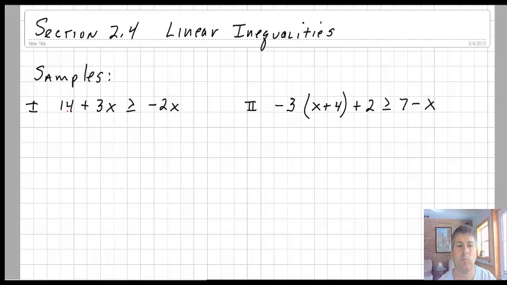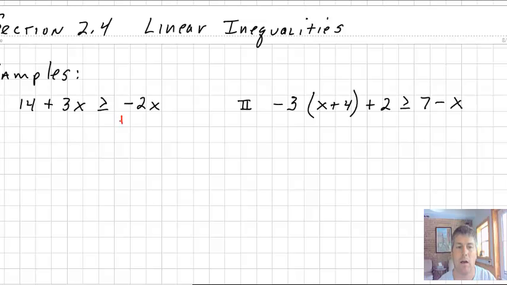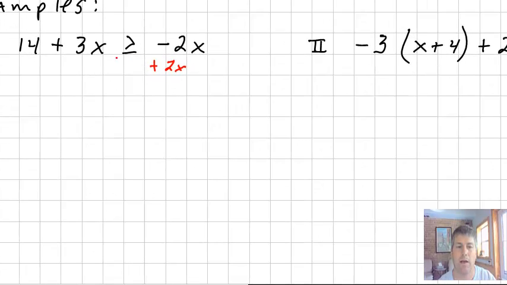We have 14 plus 3x is greater than or equal to negative 2x. I would like to combine my x's all on one side. So what I am going to start with, we'll add 2x to both sides here.